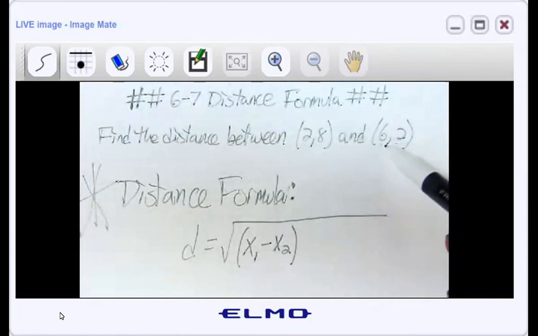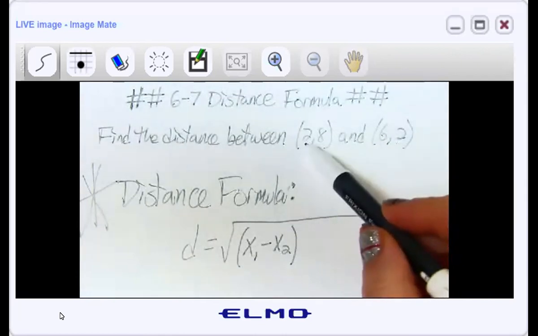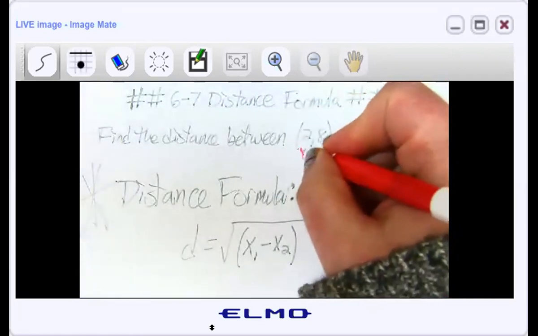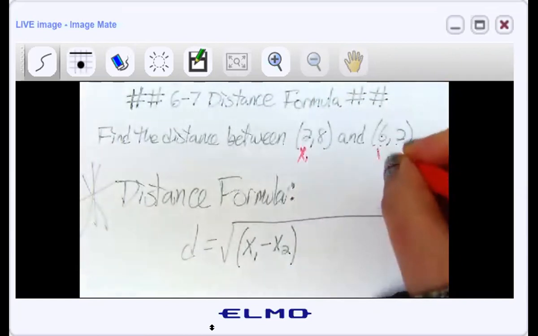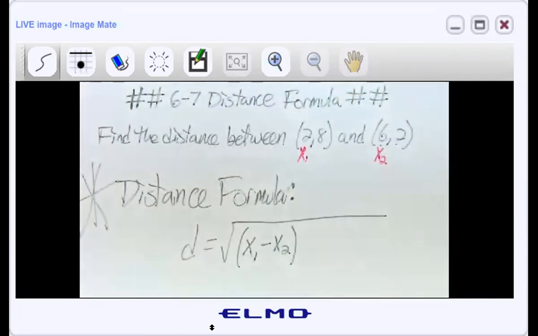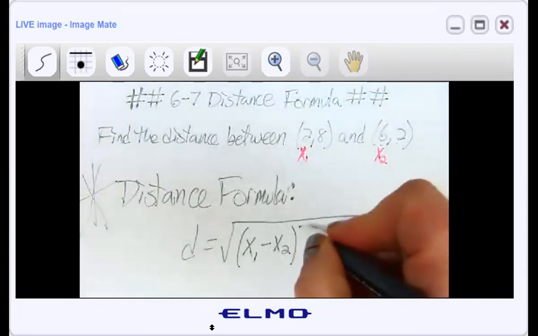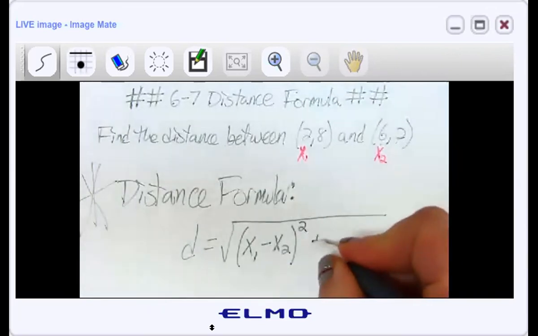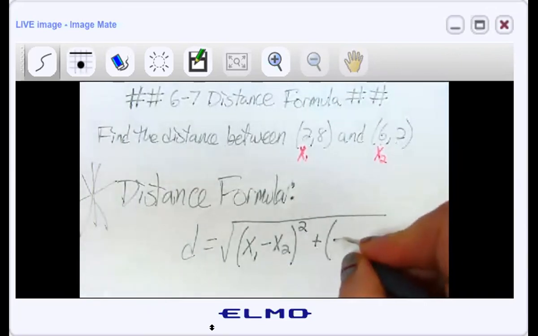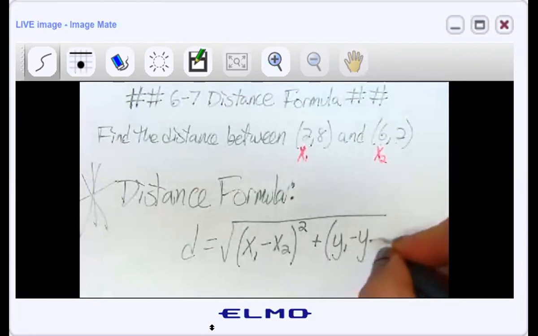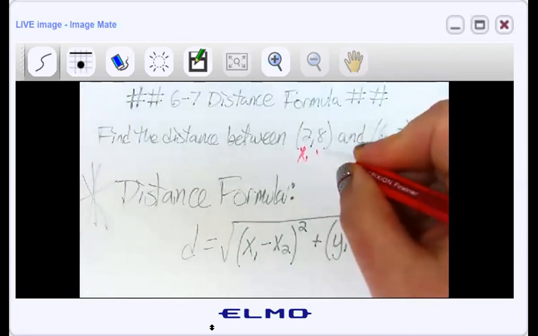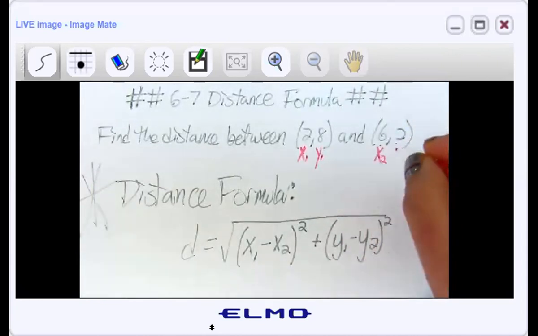So I need to distinguish between the two. I'm going to call one of them x1; in fact, I'll write that above it right now. So this guy is x1, and this guy over here is x2. The first thing I'm going to do is subtract those two values, and then square their answer. Then I'm going to do the same thing with the y's. I'm going to take y1 and y2 and subtract them. Remember, this would be y1 and this would be y2.